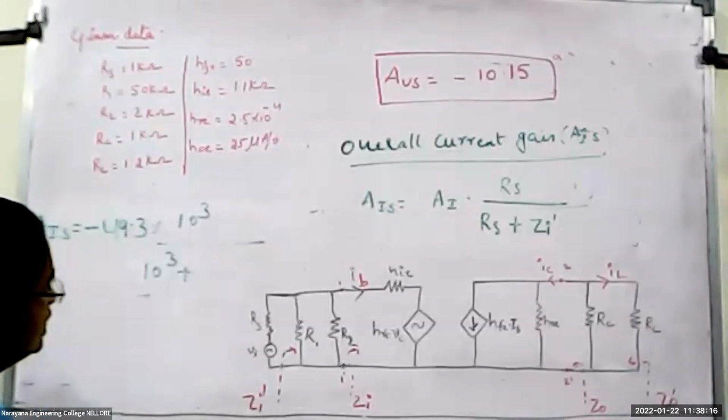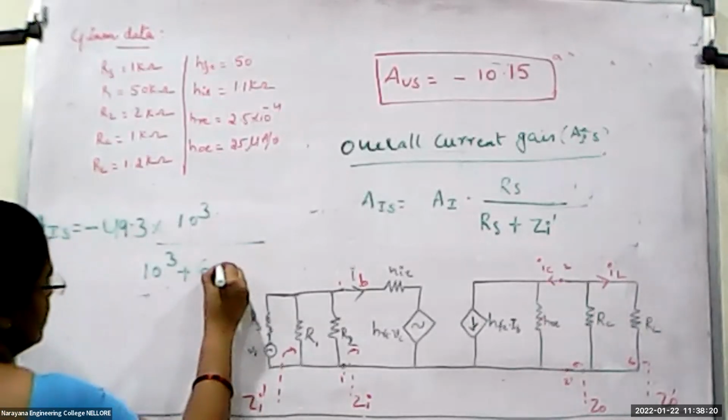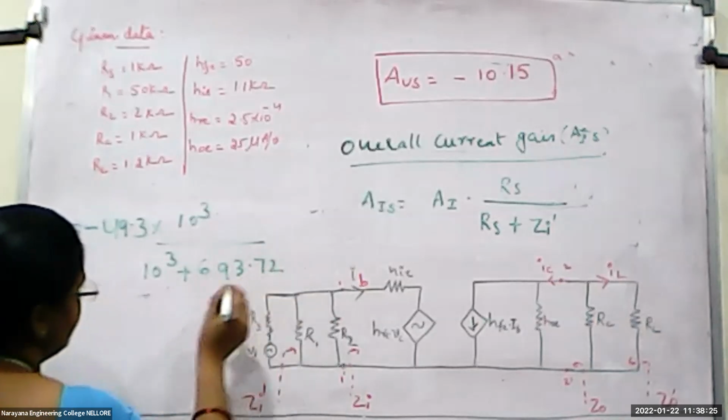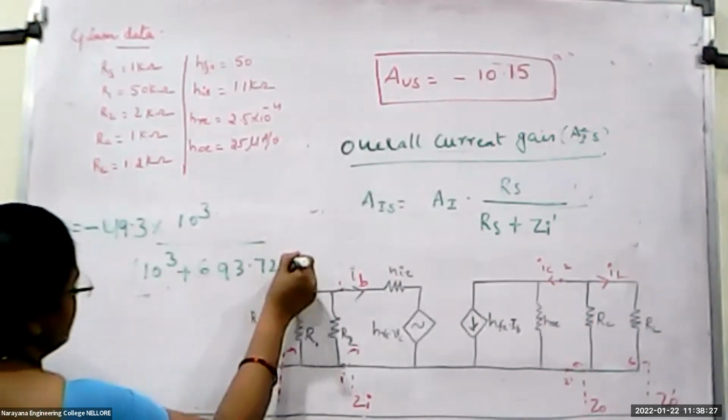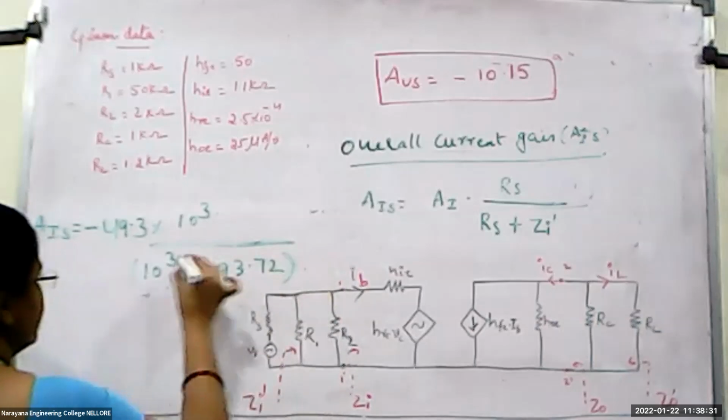What is the ZI dash value? 693.72. Yes, ma'am. Okay. Substitute these values and calculate.